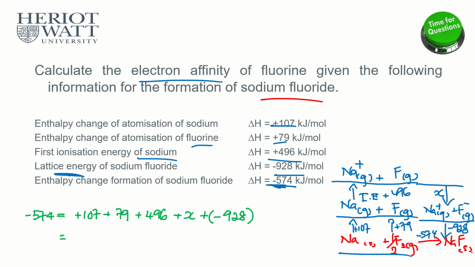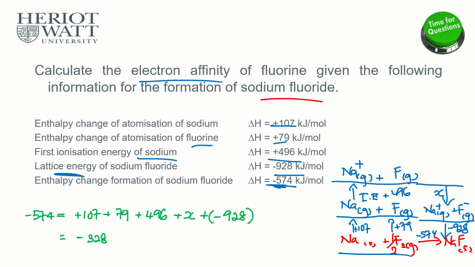All right, let me do the quick calculation here. 107 plus 79 plus 496 plus, sorry, minus 928, and then negative 574 minus the answer. Negative 328. Okay, let me double check again.